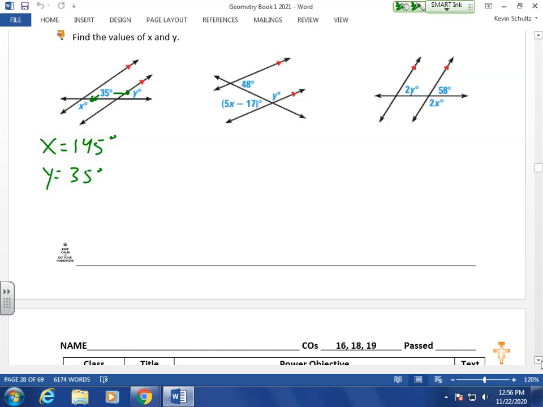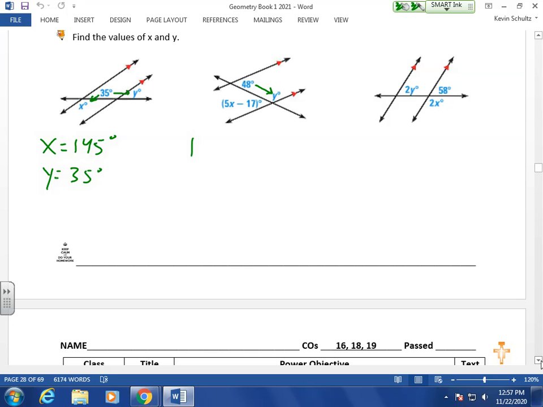This next one, two ways we can get at this. We can either, and I'll do half of it for you here, go to Y, recognize that they are consecutive interior. Just look at those positions, right? Consecutive interior angles. And therefore they are supplementary, okay?